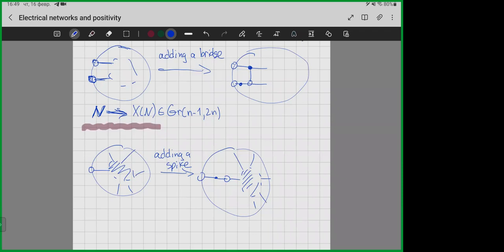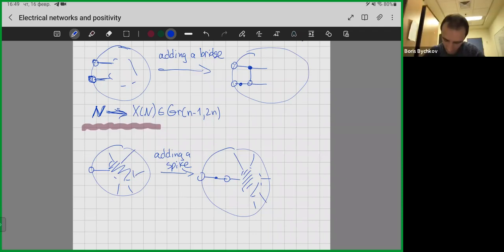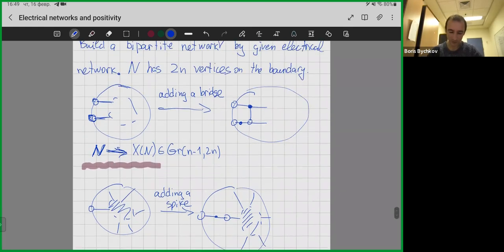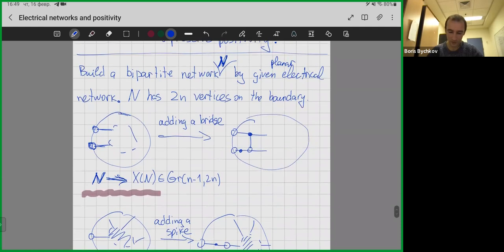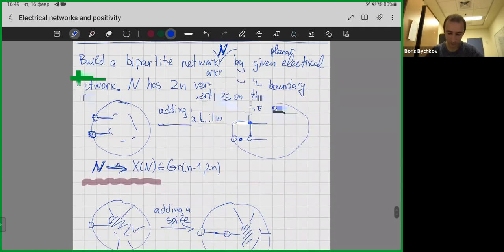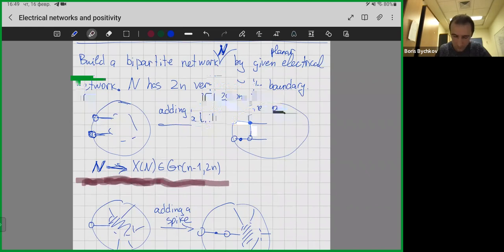In fact, for the general picture, I have to say that this construction of bipartite networks and this arrow from bipartite networks to the Grassmannian is due to Lam, and this arrow is due to Postnikov.